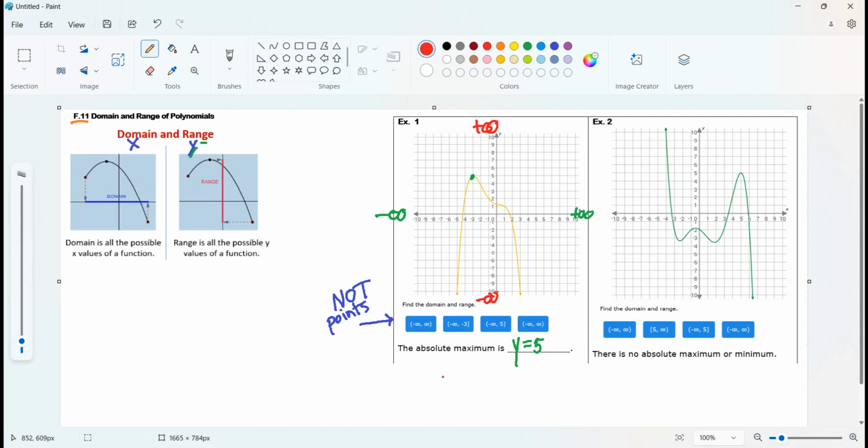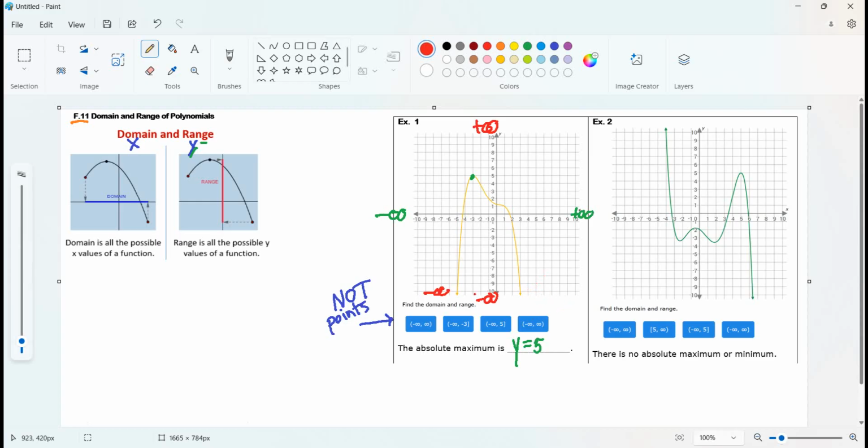Eventually, when you go on and on, it's heading out towards negative infinity. Then if you look at the right side, as the x values head out to positive infinity this way, it's just going to keep going and going.